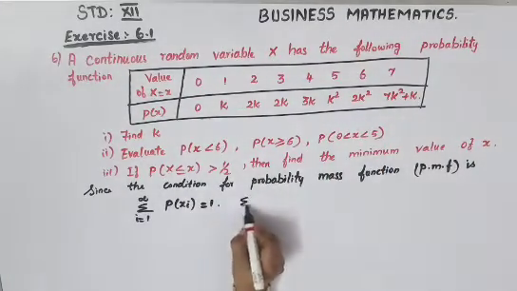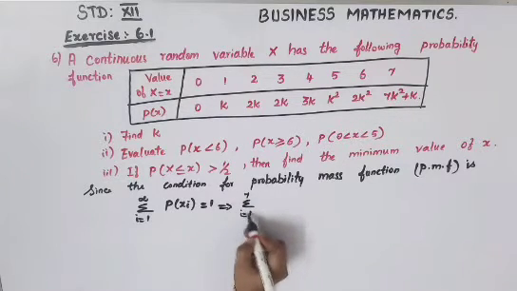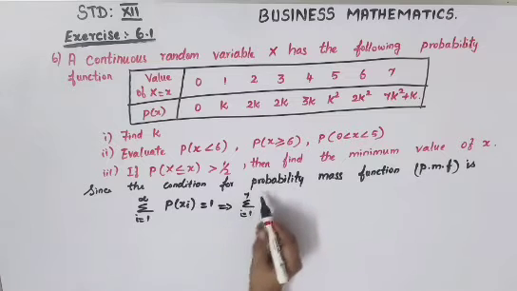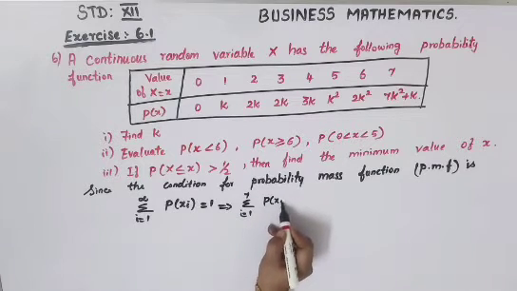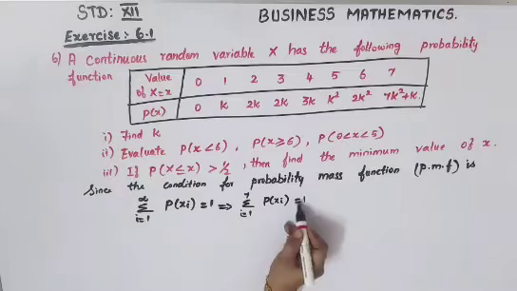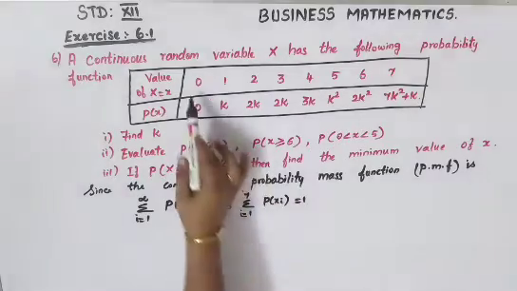So you can write it as i is equal to 1 to 7, so up to 7 it goes. So 1 to 7 p of xi is equal to 1. So up to 7 you will have to go starting from your 0.